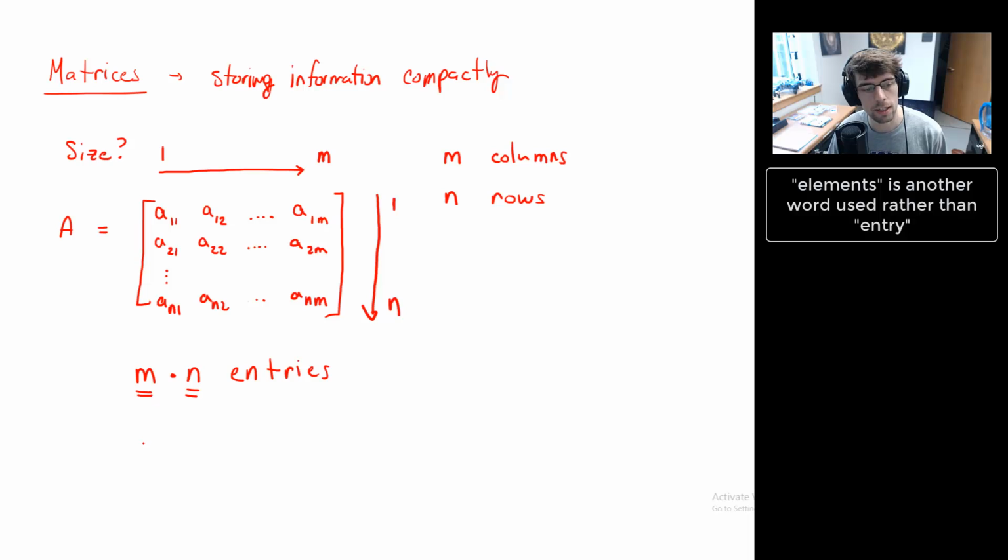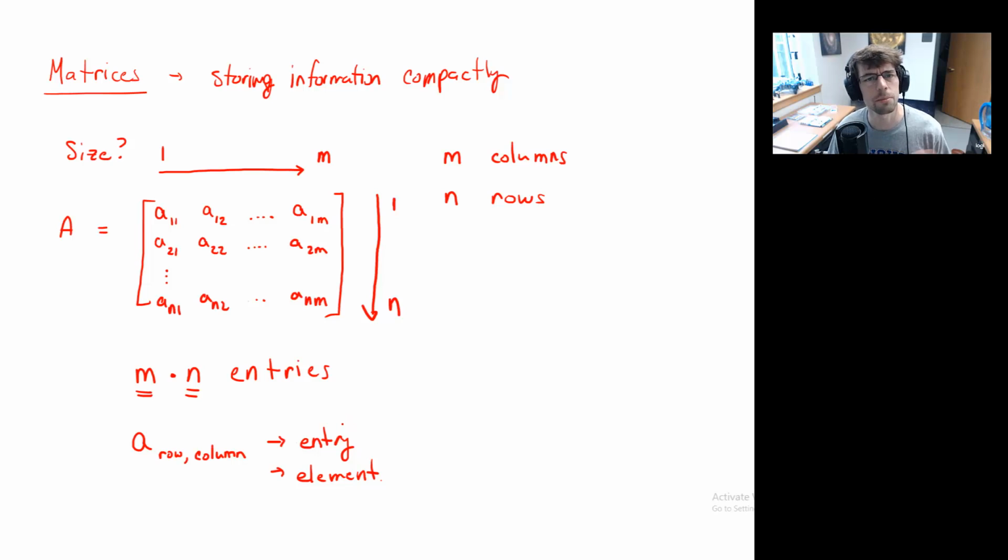So when I write a, lowercase, I'm writing the row number, the specific row, and then the specific column. Usually you can call this an entry, but more often it's called an element.